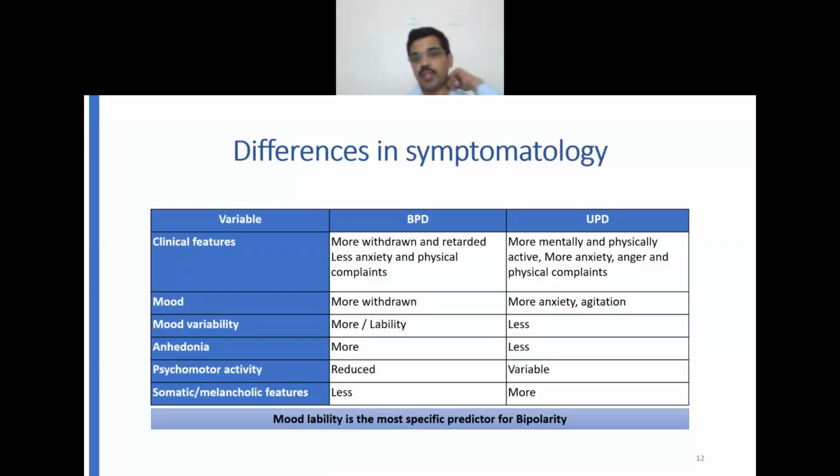Coming to the core clinical features, how will you distinguish if the patient comes to us for the first time? If Dr. Shantanu can recollect, we had two patients who had come from the Medinipur region, a young male who had a family history of mood disorder in a sister.